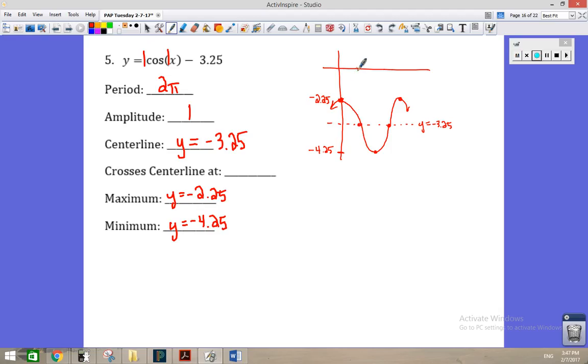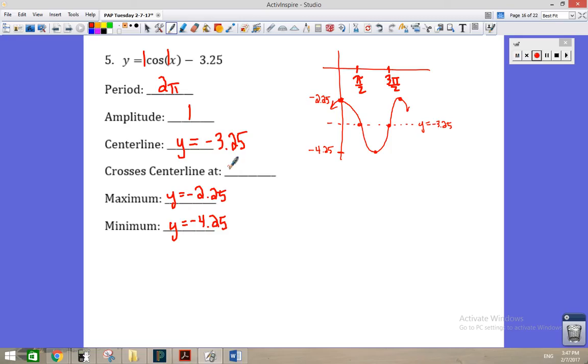This value on the x-axis right here is pi over 2, and here 3 pi over 2. So this point is pi over 2 comma negative 3.25, and this point 3 pi over 2 comma negative 3.25.